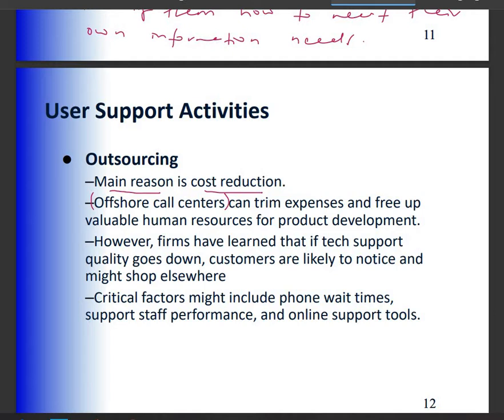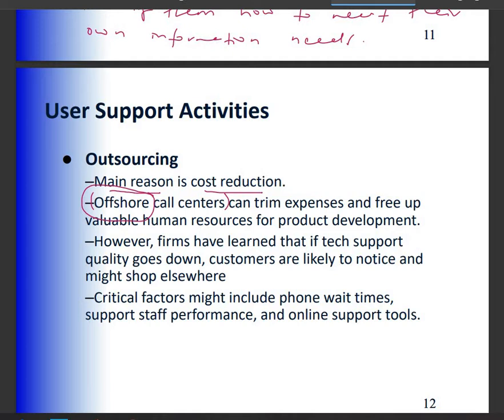Itu ialah term yang kita panggil sebagai offshore call center. Okay, so bila kita ada offshore call center, it can trim the expenses and free up the valuable human resource for product development. Okay, cumanya kita ada masalah di mana the firms have learned that if the technical support quality goes down, the customers are likely to notice and might shop elsewhere.